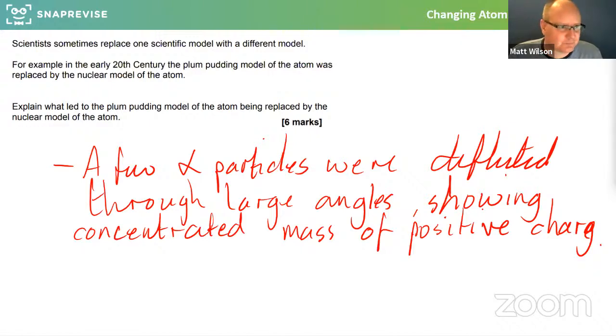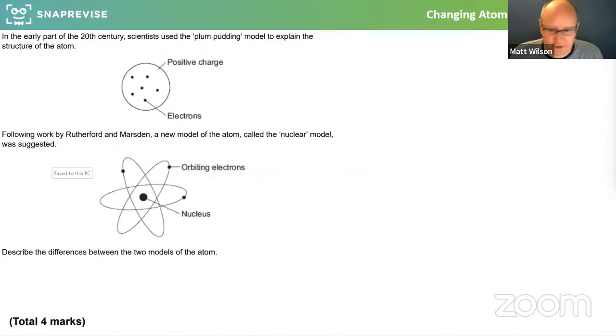Okay, have a look at another question here. I believe this is another AQA question. In the early part of the 20th century, scientists used the plum pudding model to explain the structure of the atom. And there we've got our familiar diagram of the plum pudding model. Following work by Rutherford and Marsden, see, Geiger's not mentioned, a new model of the atom called the nuclear model, because it consisted of a nucleus, was suggested.